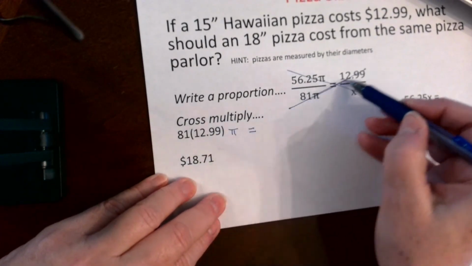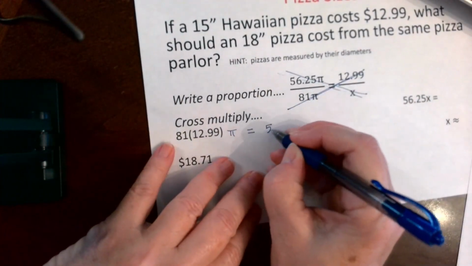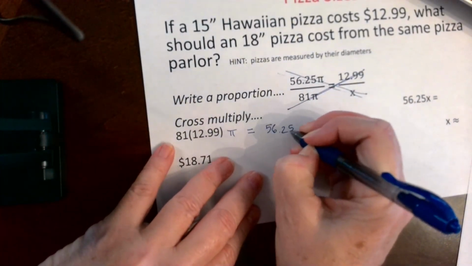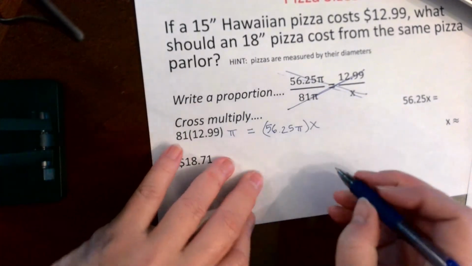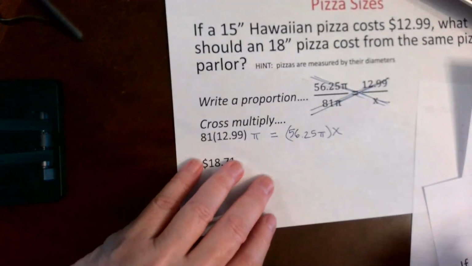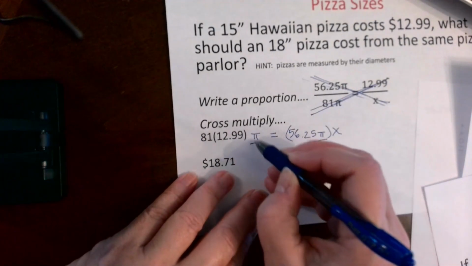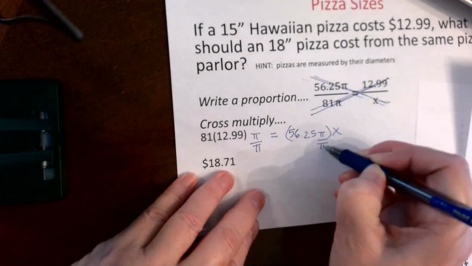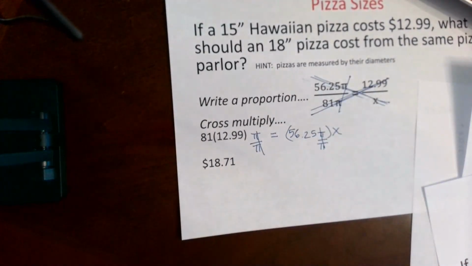I multiply this direction and it equals when I multiply this direction. So I cross multiplied this way and I cross multiplied this way. And now I notice I have a pi on both sides. I'm just going to divide both sides by pi. That gets rid of it. I could have gotten rid of it up here. That would have been fine.